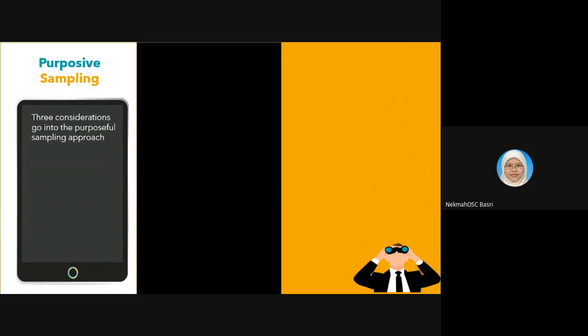There are three considerations that go into the purposive sampling approach: first, the participant or sample, which is criterion sampling; secondly, the type of sample strategies; and then followed by the sample size. For the sample selection, we have to discover, understand, and gain insight and information on which cases.